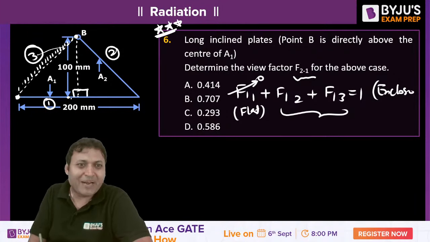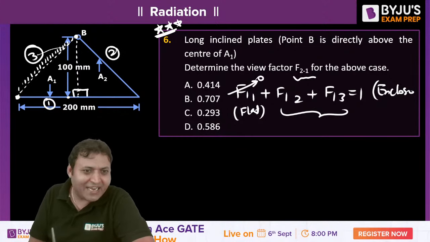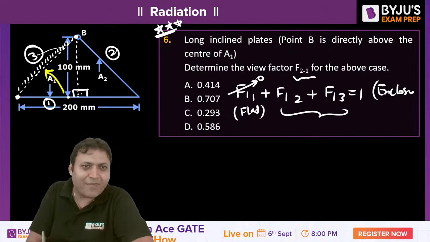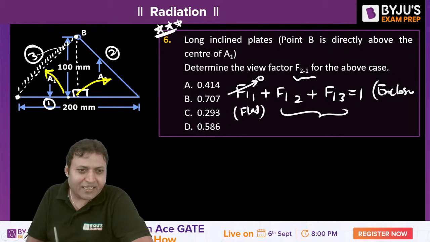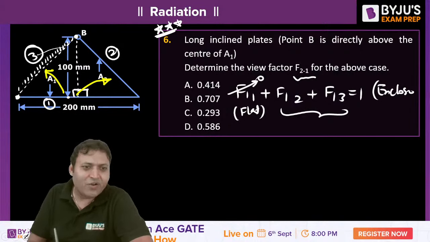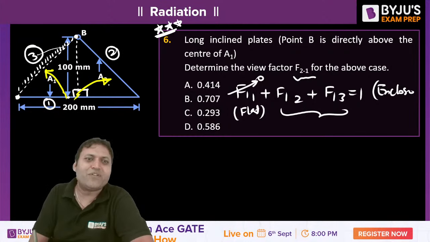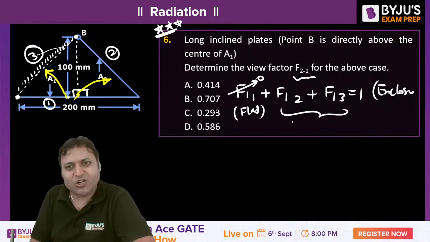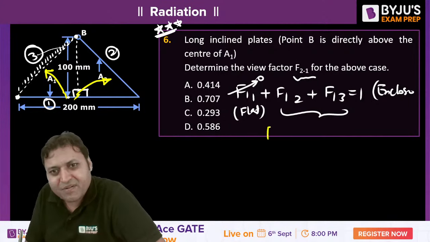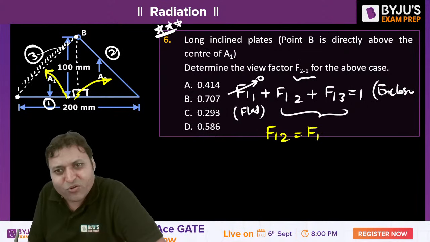Now here, from symmetry, the amount of radiation leaving 1 and reaching 3 will be the same as the amount of radiation leaving 1 and reaching 2. From the symmetry principle, F12 is equal to F13 is equal to 1/2.